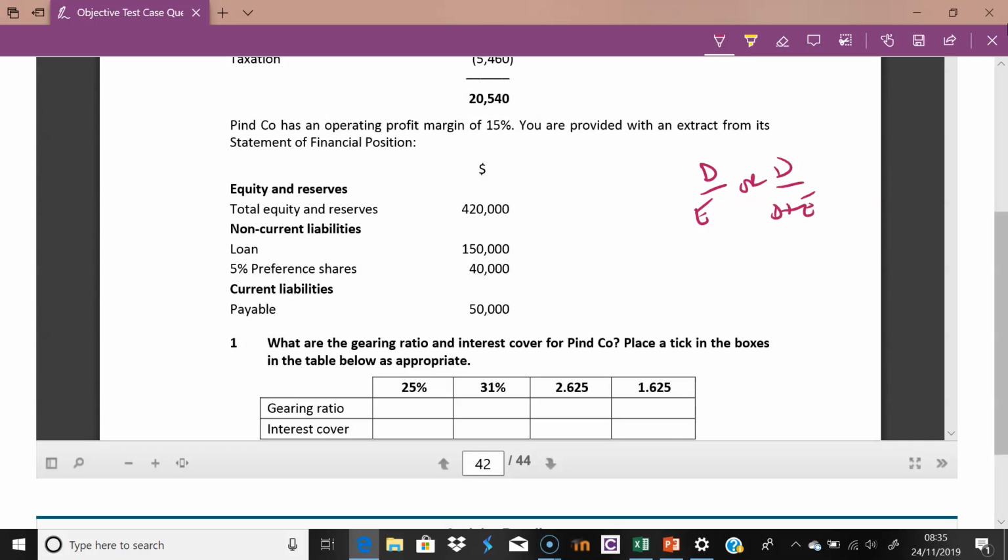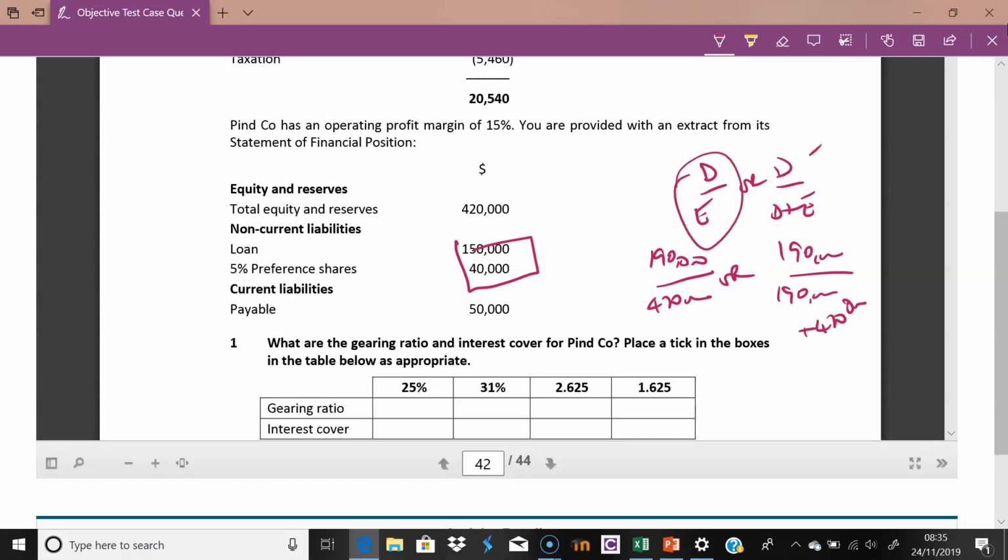So if you did debt, which is this thing here, that's the 190,000 divided by equity, which was 420,000, or you did the 190,000 over 190,000 plus 420,000. To be honest, this is the more popular one, but I'm just putting this out there in case you might remember this from another time.